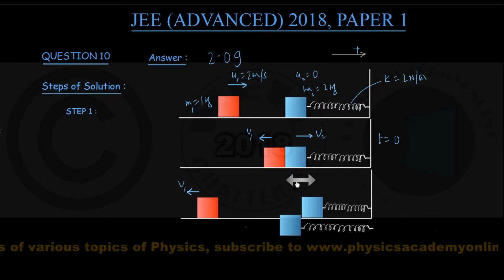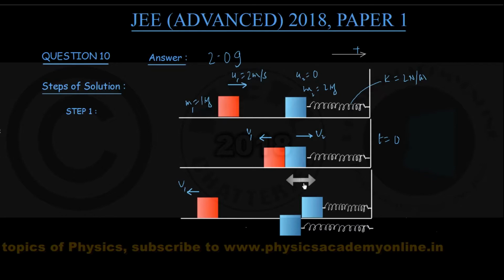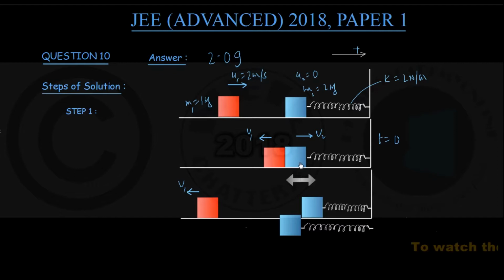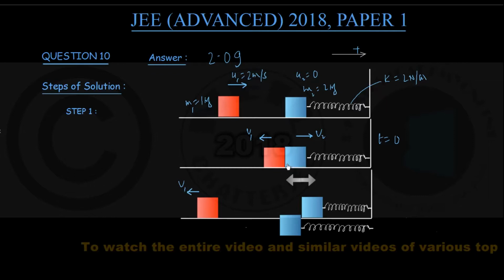This way, this to and fro simple harmonic motion keeps on happening about block 2, while block 1 continues to move towards left with a constant velocity of v1. Understand all these things clearly. The question is, when this block returns for the first time to its original position and the spring regains its original length for the first time, how far are the two blocks at that instant? Is the question clear to you?